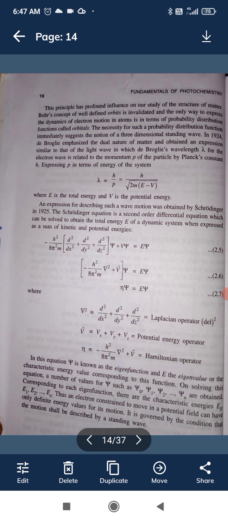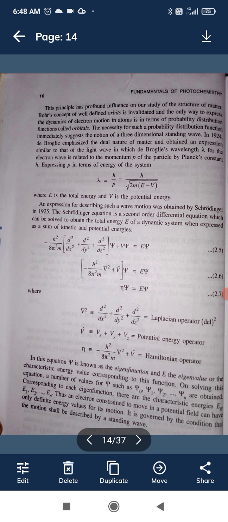According to this, when you substitute, you get λ = h/p, which is equal to h/√(2m(E − V)), where E is the total energy and V is the potential energy. An expression for describing such wave motion was obtained by Schrödinger in 1925.